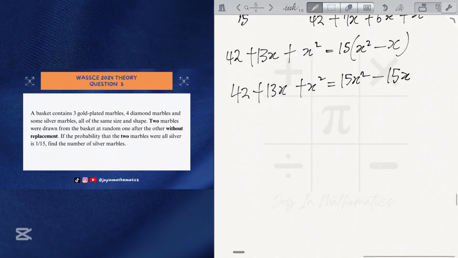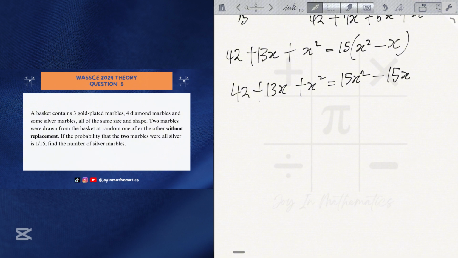So we just collect like terms, so we can bring all the components of x squared and 13x to the right hand side. So with that, we'll have 0 here, and we'll have 15x squared. We'll bring this over, we'll have x squared, we'll have minus 15x.